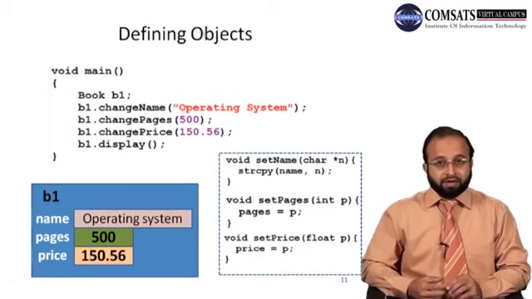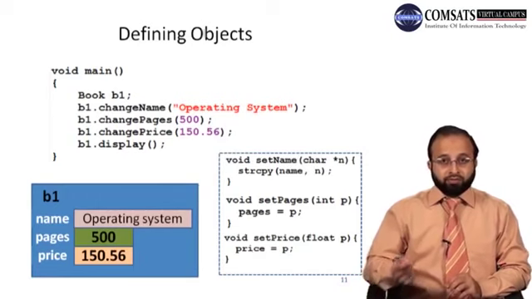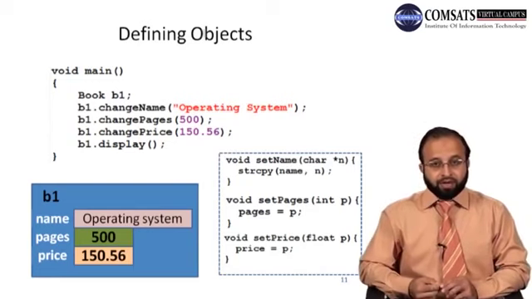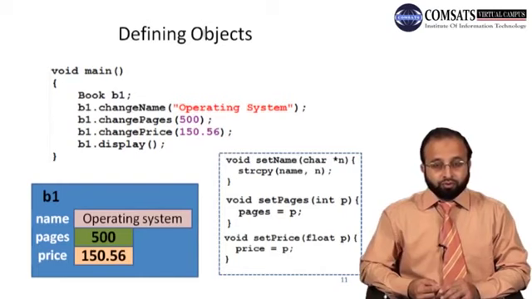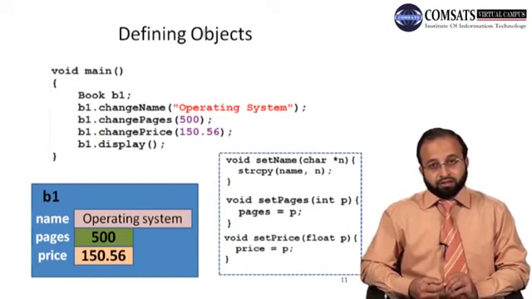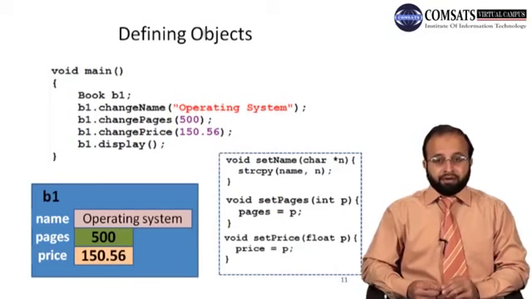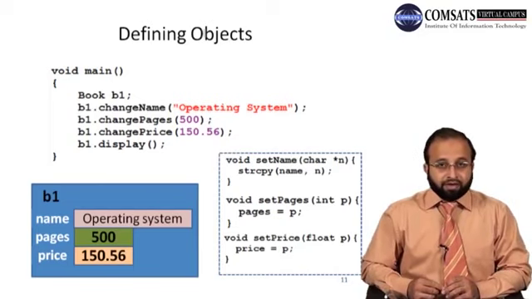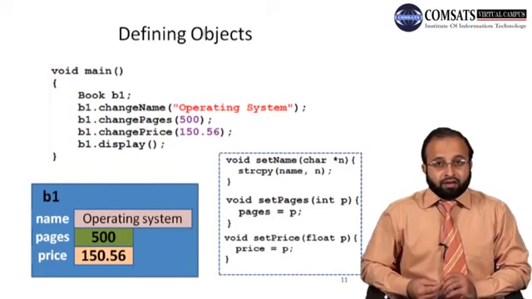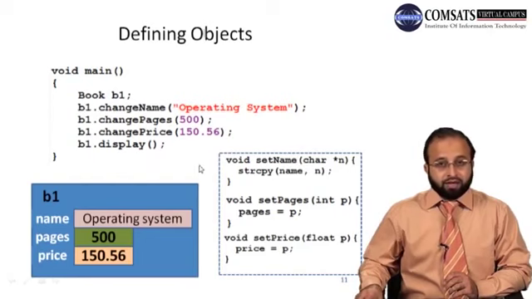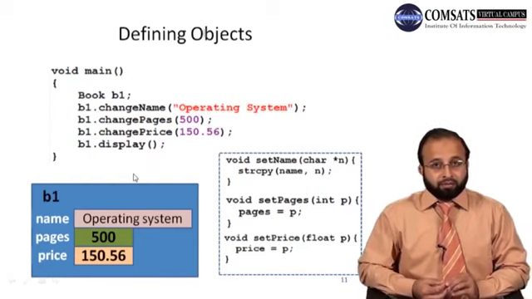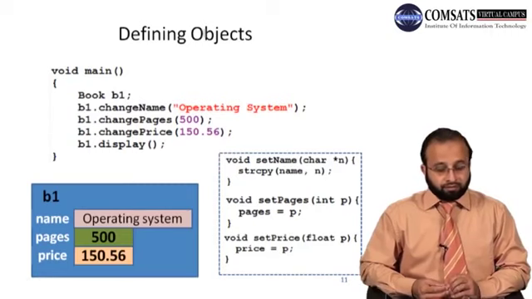Now किस object का private data member, उस object के साथ आपने change price का function call किया है. For example, if I create another object b2 and I call the function b2 dot change price 160, now 160 will be assigned to the price data member of b2 object, right?